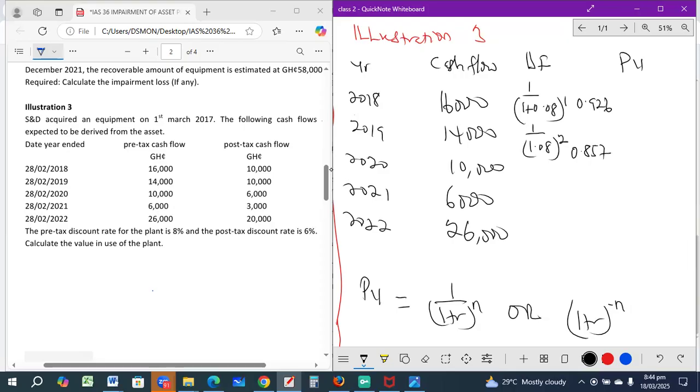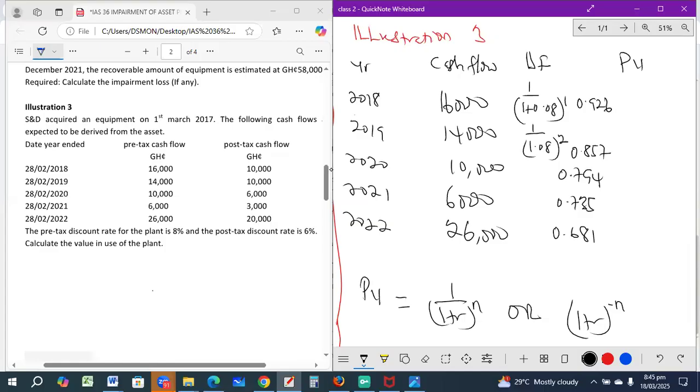In the third year, 0.794. The fourth year, 0.735. Please, are we all getting the figures? Or do you know how these figures were arrived at? Yes, sir, we are following. Okay, so the fifth one will be 0.681.